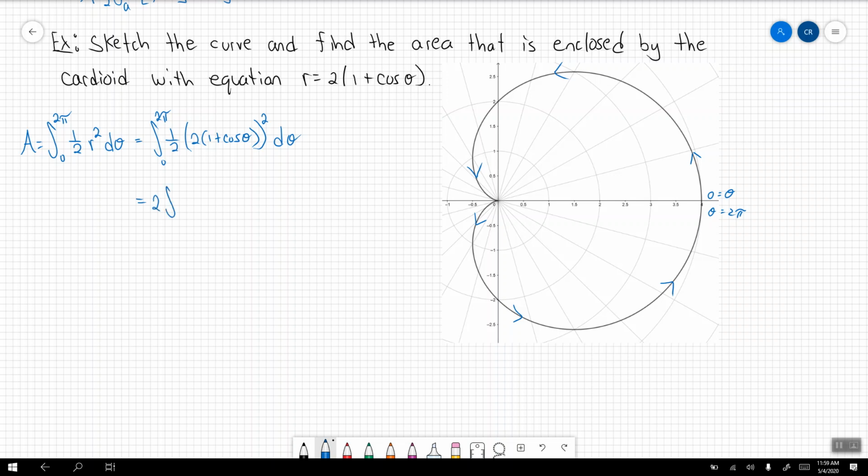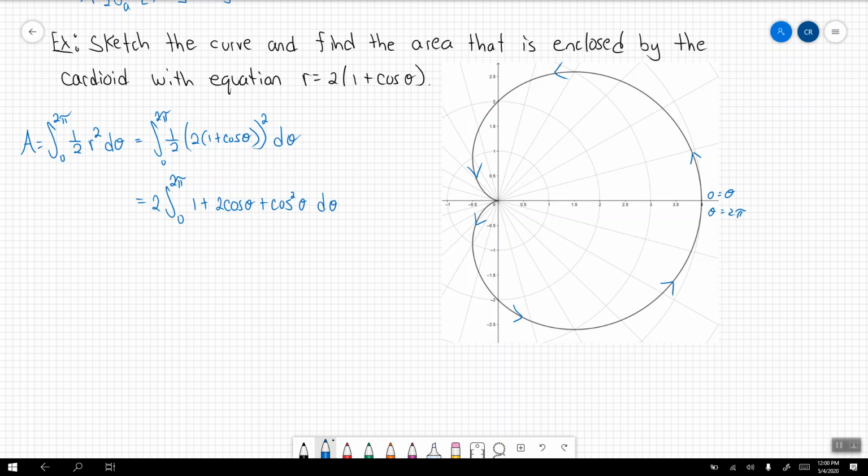So this is really just 2 times the integral from 0 to 2 pi. I'm going to expand this: 1 plus 2 cosine of theta plus cosine squared theta d theta.